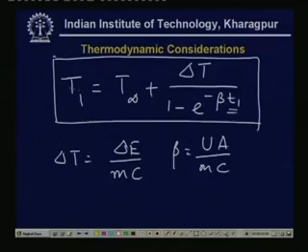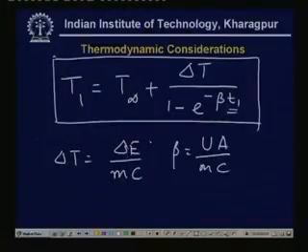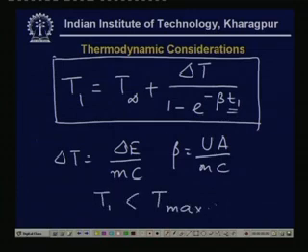Usually this T1 is limited by design considerations, for a simple reason that the friction material gets deteriorated if the temperature is increased beyond a certain level. So, in that case T1 must be less than T max, which is given from the design, and this depends on U A, m c, etc.